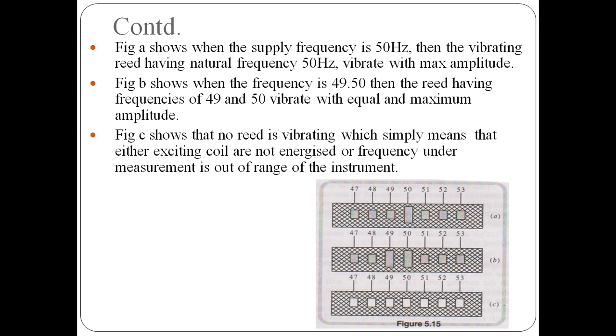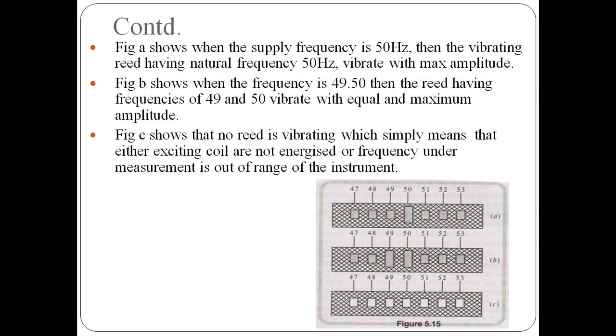In the figure given below, figure 5.15, you can see in figure A that when the supply frequency is 50 Hz, the vibrating reed having natural frequency 50 Hz vibrates with maximum amplitude.